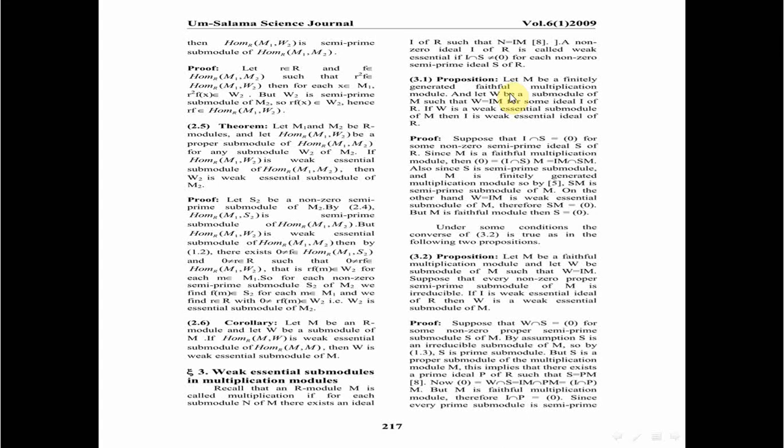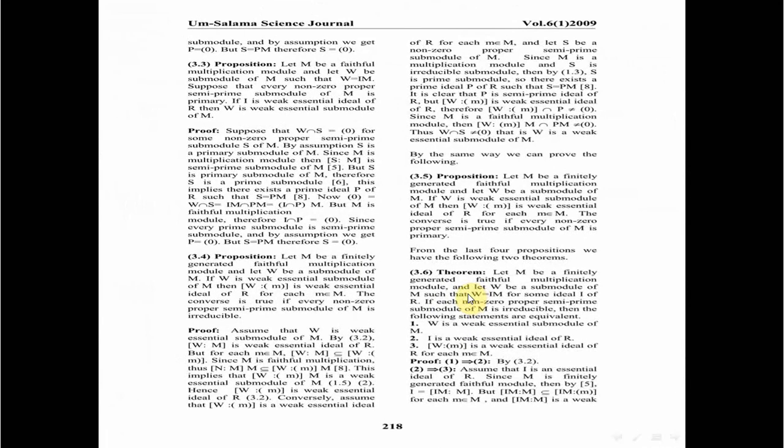Let M be a finitely generated faithful multiplication module, and let W be a submodule of M such that W equals IM for some ideal I of R. If W is weak essential submodule of M, then I is weak essential ideal of R. So this proposition talks about transferring the property weak essential between the submodule W and the ideal I.